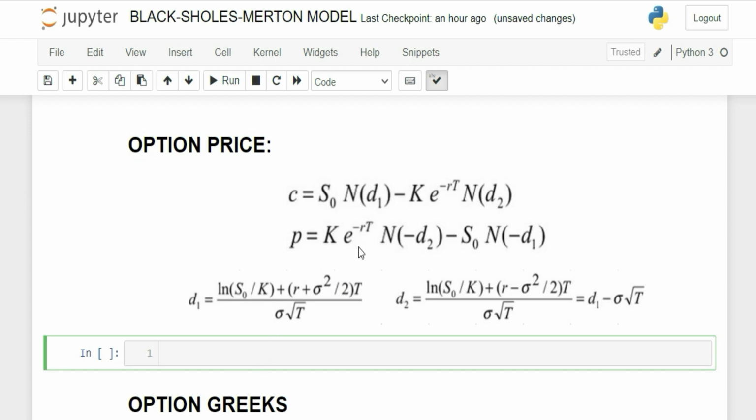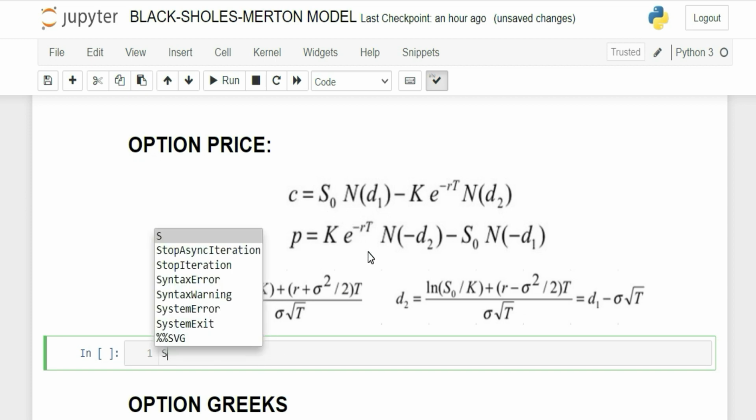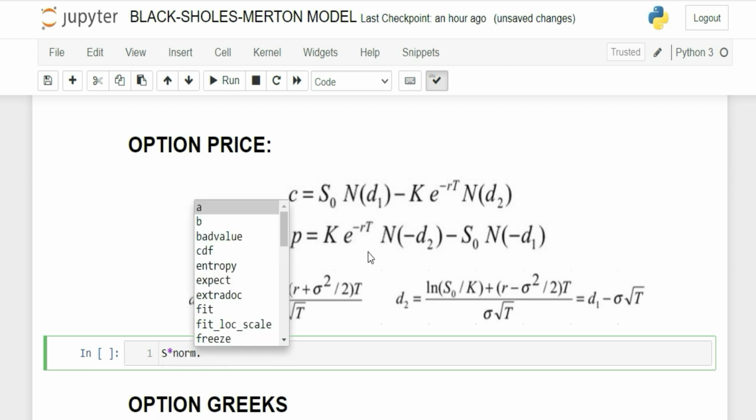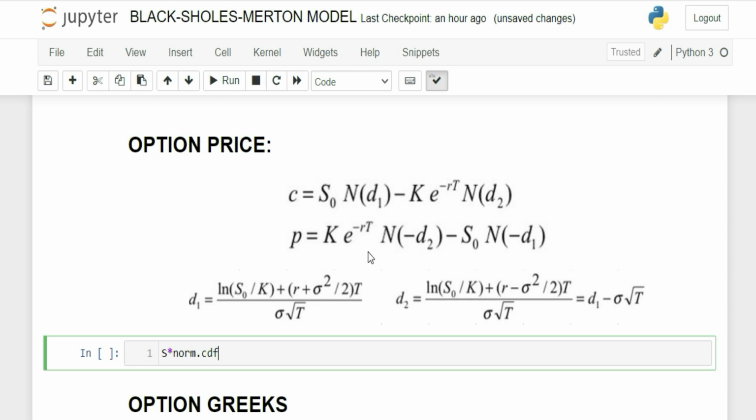Call price is S0 into ND1. So ND1 is norm.cdf function of D1 comma 0 comma 1. So that is between 0 and 1.